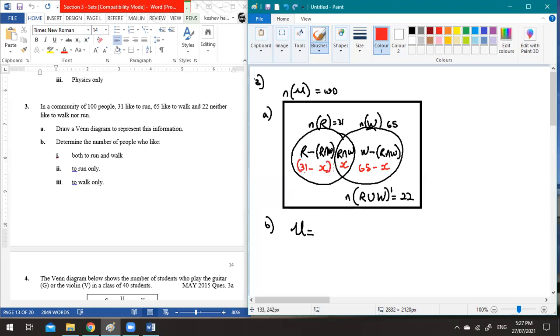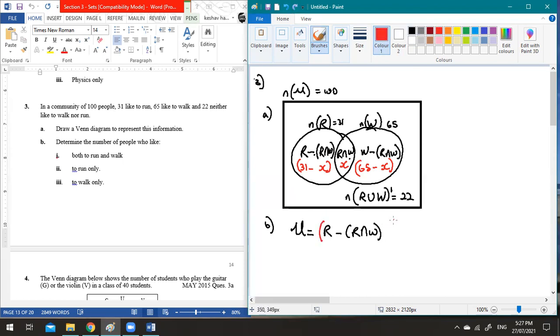So if I put them in brackets, and we say the total number of people is equal to this, add this, add this. So R minus the number of people who like both. That'll be the first part, which is the only. I'll put it in a different color.